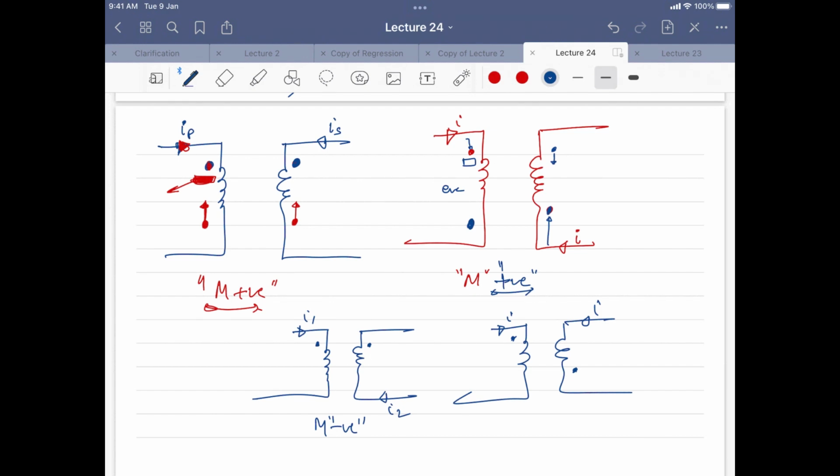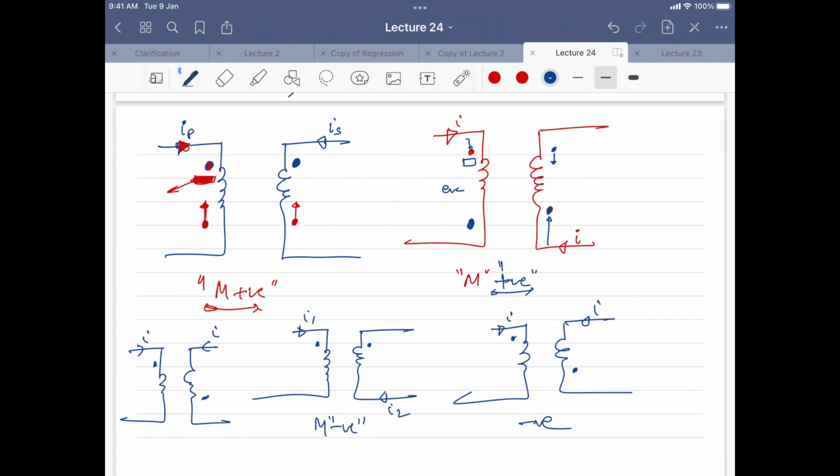In this case, sir, again negative. It will be negative here. And in this case, the last one is also negative, sir?